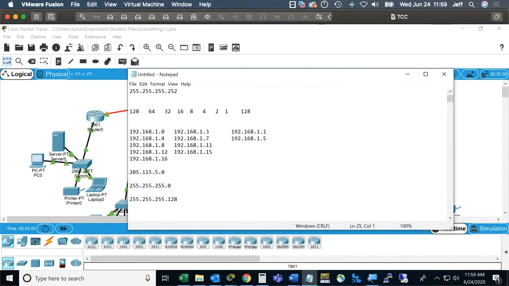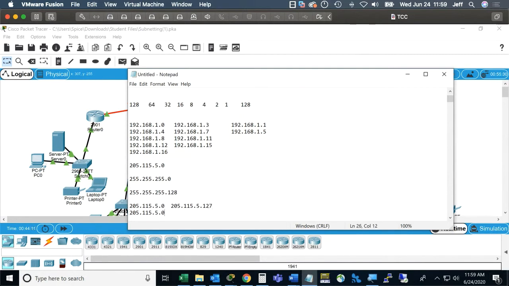And so then our IP address range for our first network is 0 to 127, right? Because 128, these are our 2 networks.